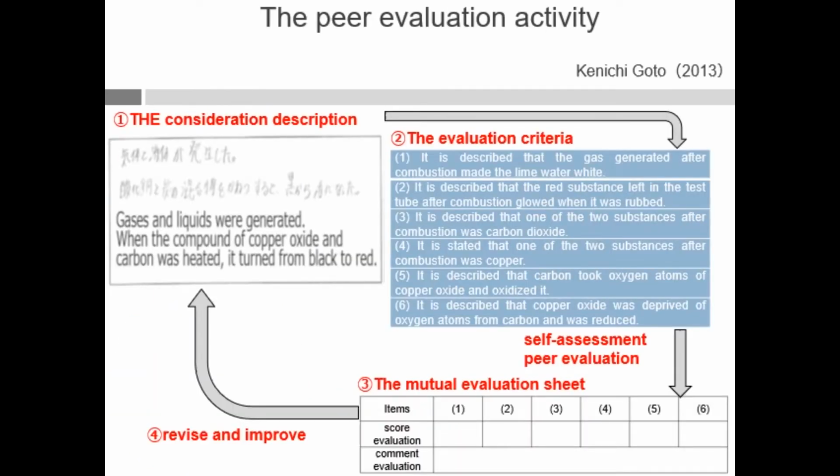The peer evaluation activity is a learning activity in which learners use Goto's 2013 mutual evaluation sheet to exchange opinions with others about their considerations in observations and experiments, using the evaluation criteria to conduct self-assessment and peer evaluation, and then revise and improve their consideration based on the mutual evaluation sheet that shows their score evaluation and comment evaluation.